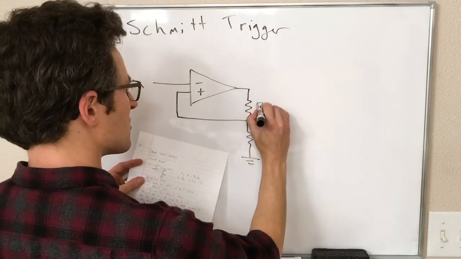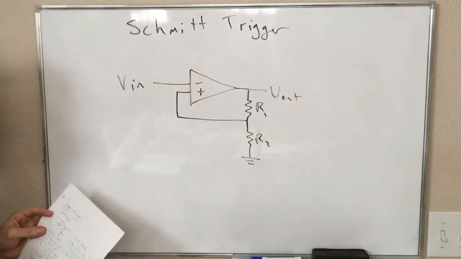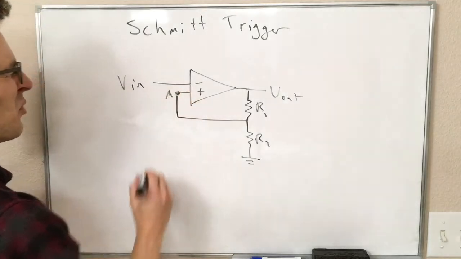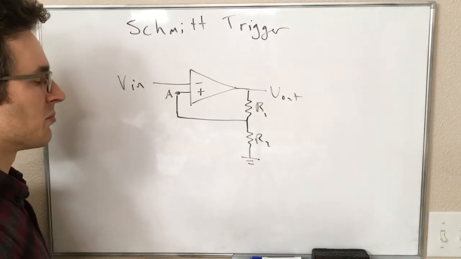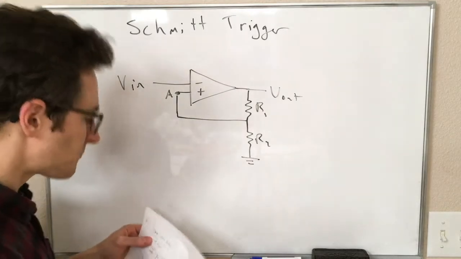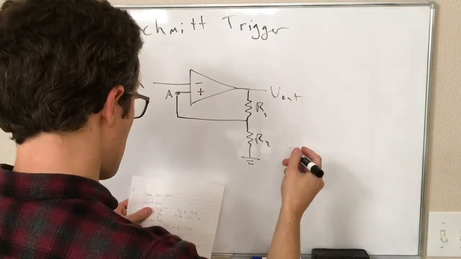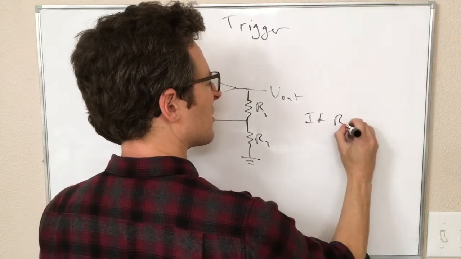So here we have two resistors, R1 and R2, and this is our output voltage. We'll call that point A, so that's the voltage VA, the voltage at point A, for reference. Just for the sake of numbers, let's say that R1 is equal to 9 times R2.